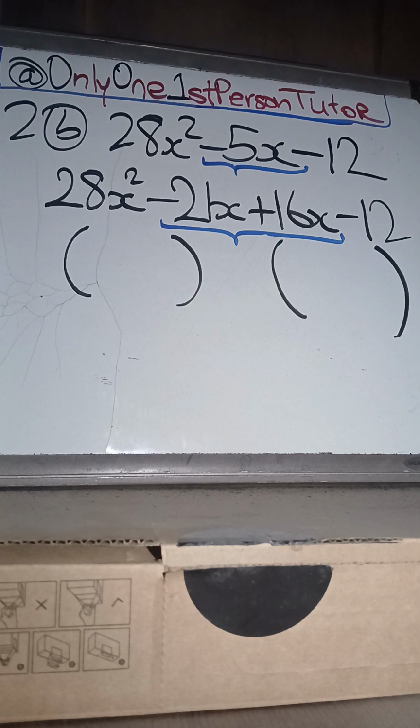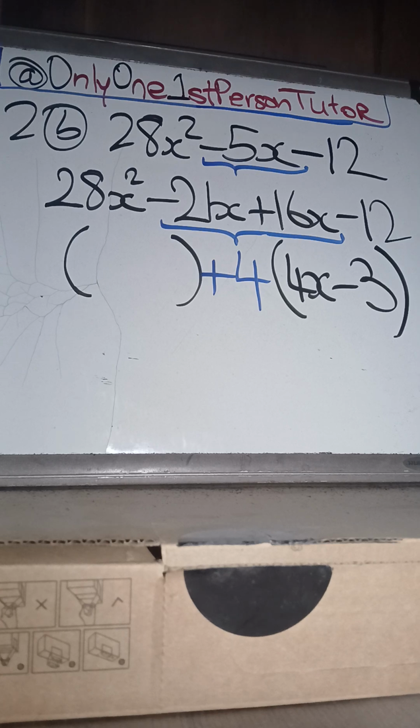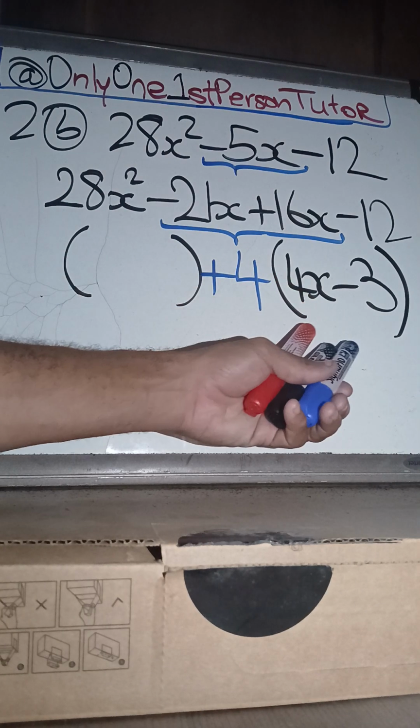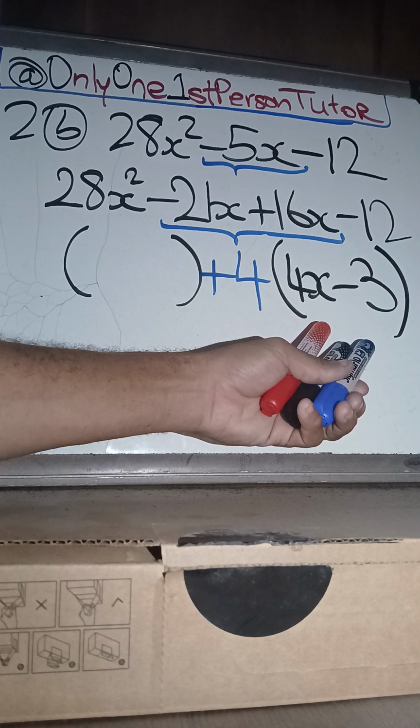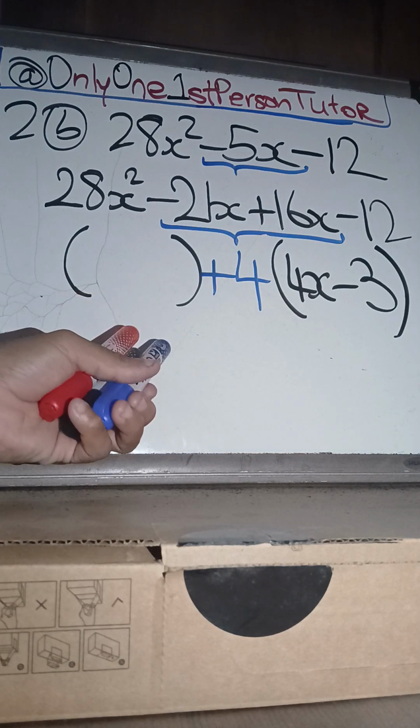So our HCF is going to be 4. Specifically, a plus 4. So if we do our division, it should look like that. Now we're going to copy and paste this over here.